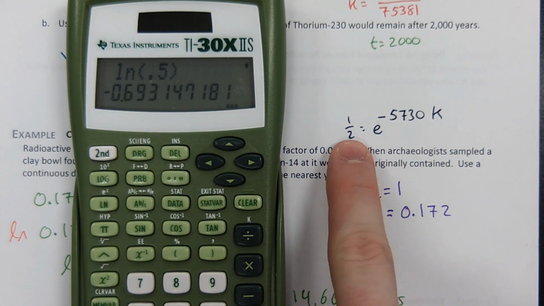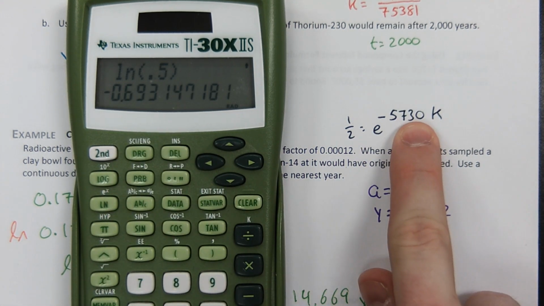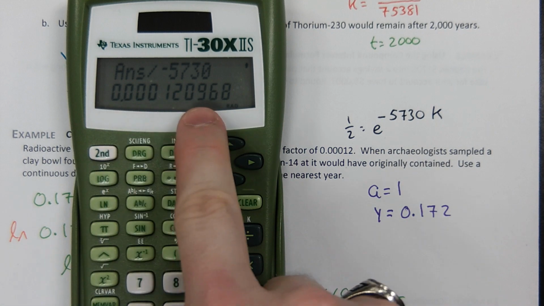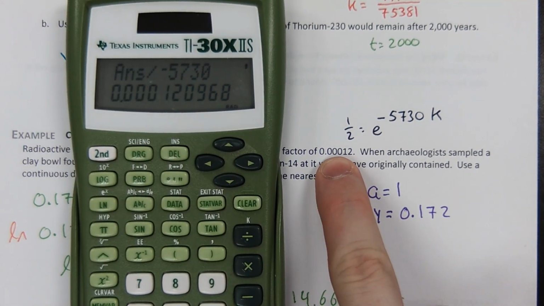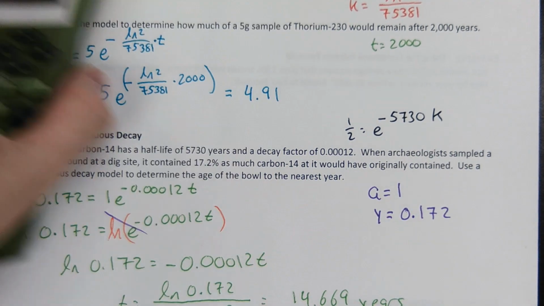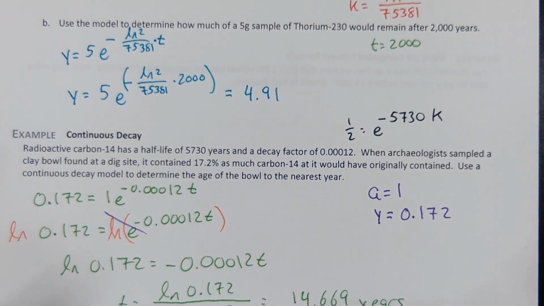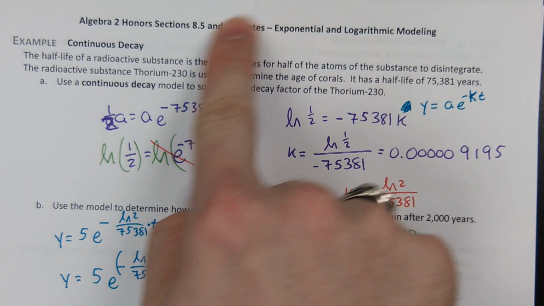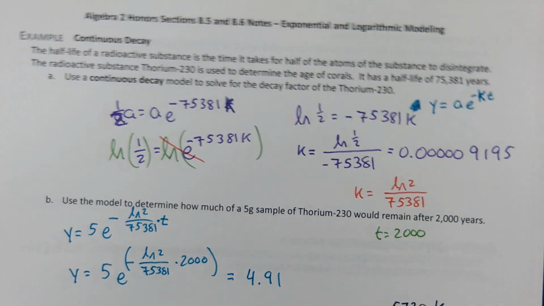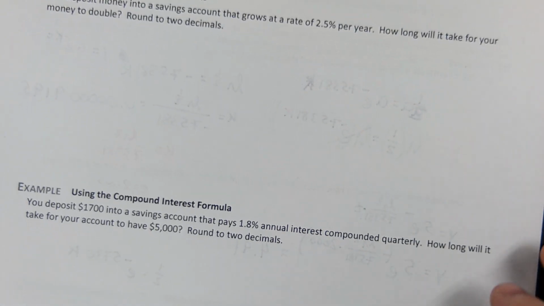There's the natural log of the left. Then divide by this negative number. That's the K value that was given to you. So if it wasn't given to you, that's how you would have solved for it, which is what we had to do up here. All right. On to the back.